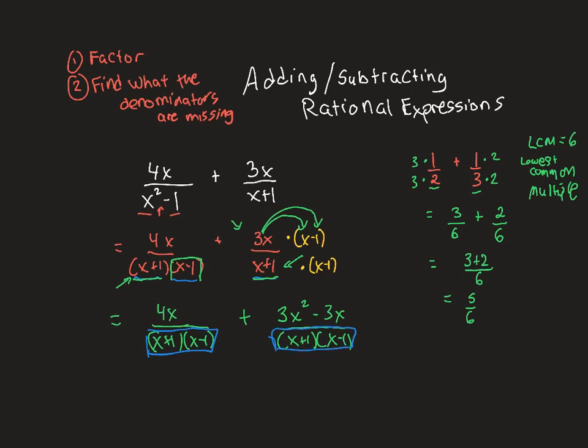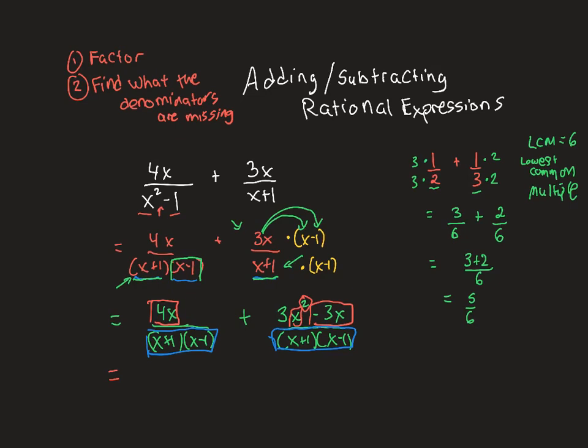And just like with fractions, if the bottoms are the same, we can add our tops. So you have 4x plus 3x squared minus 3x. So what are my like terms? Well, I have 4 apples minus 3 apples. Remember, we can't touch this one because of the squared.